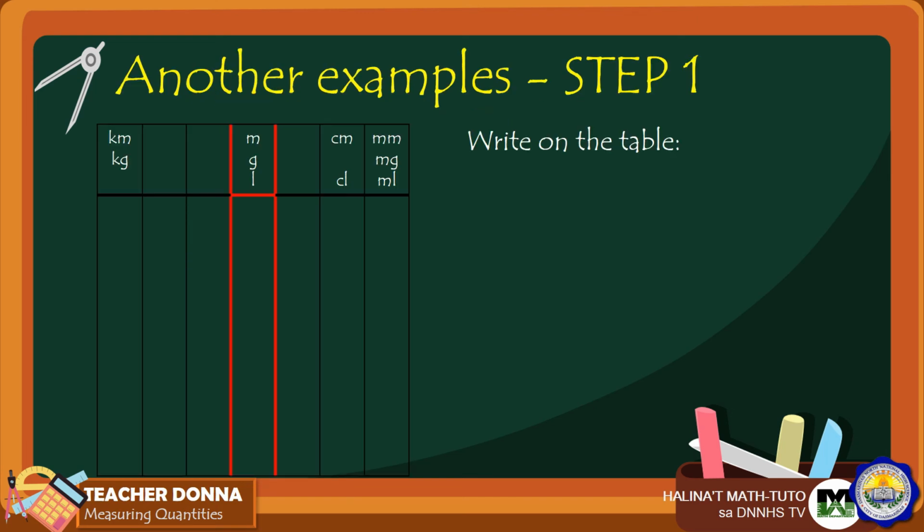Another example. So, step 1, write on the table. 0.5 meters. So, lalagay natin under meter is yung point or yung decimal point, and then sa right side yung 5. 3.5 kilograms. So, ang ilalagay natin under kilogram is yung 3 and then decimal point. And then sa right side, yung 5. 2.7 centiliters.